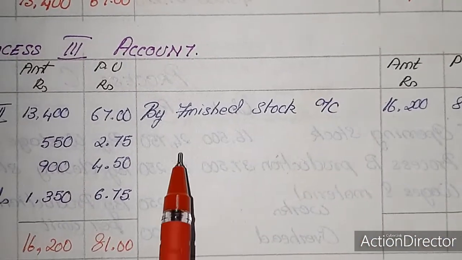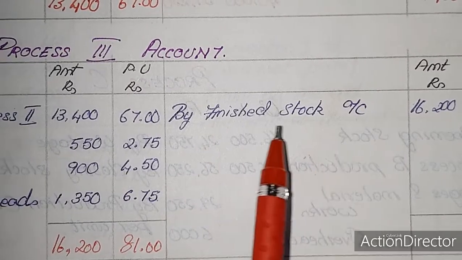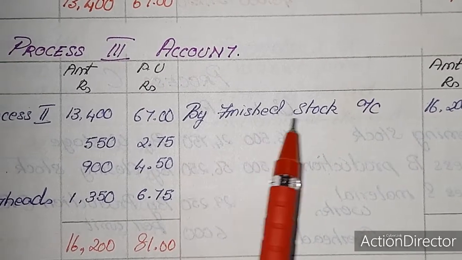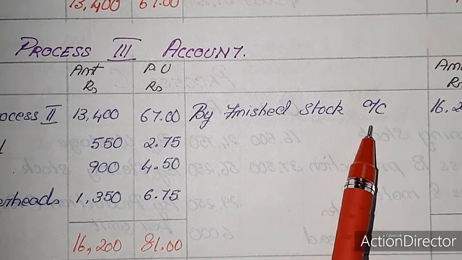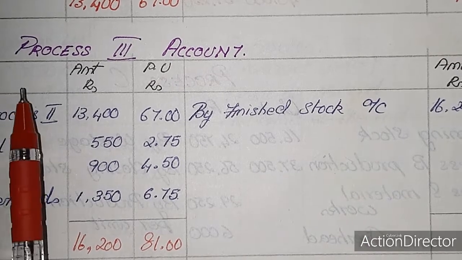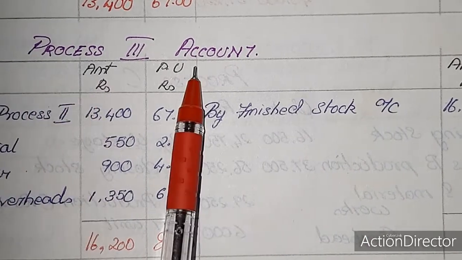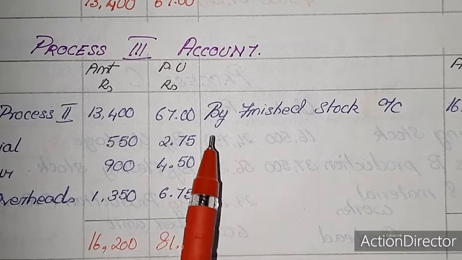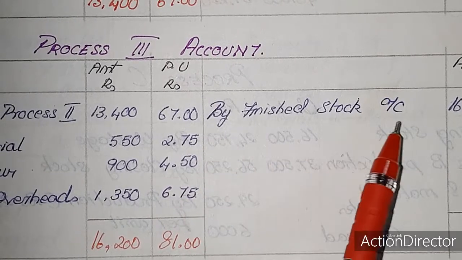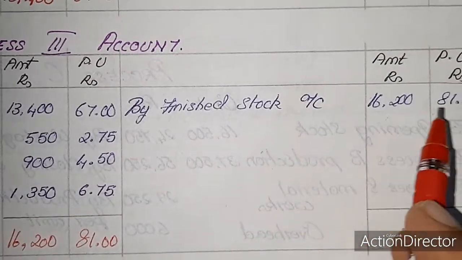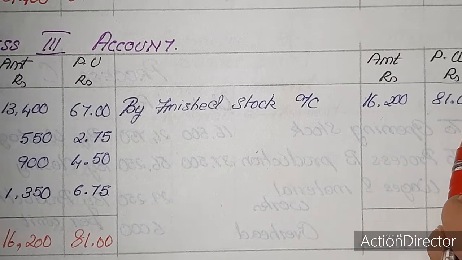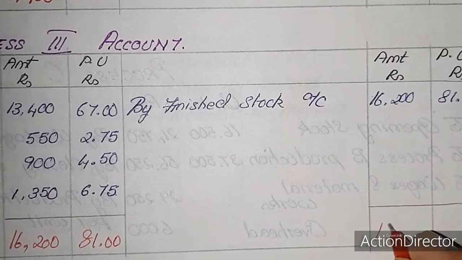That we transfer to the credit side, but this time we write it as by finished stock account, because they have informed us that the production involves only 3 processes. So in the end you will write it as by finished stock account, 16,200 and 81 cost per unit.